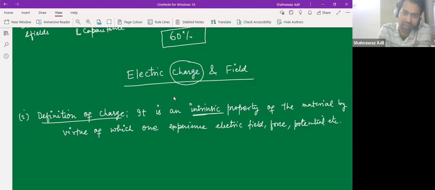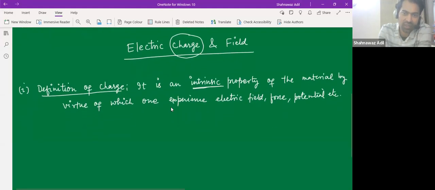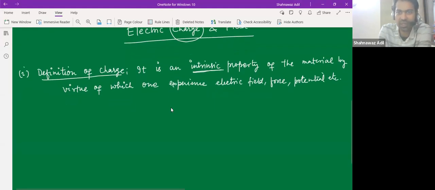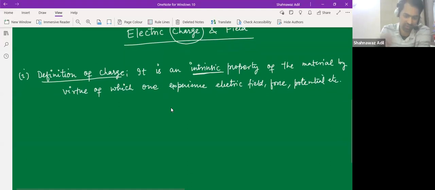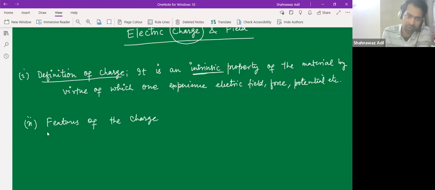Okay. And then what are the features of the charge? So what are the basic features of the charge? So first is that it is a scalar quantity, right?